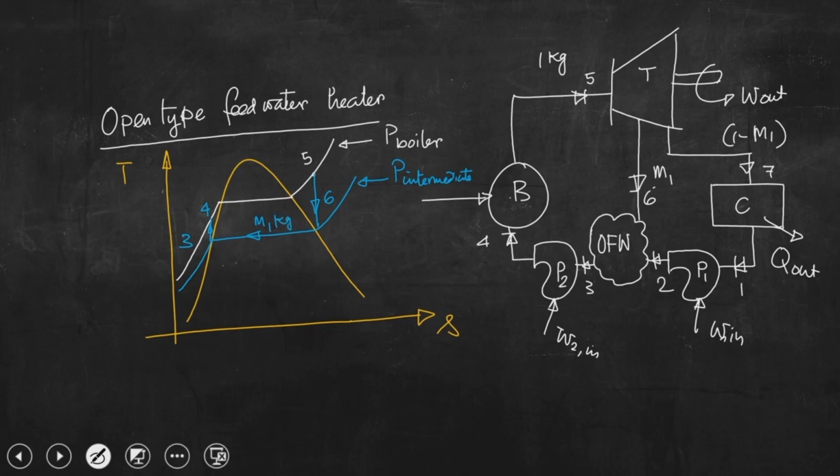Now, the remaining steam will as usual expand inside the turbine isentropically up to the condenser pressure.